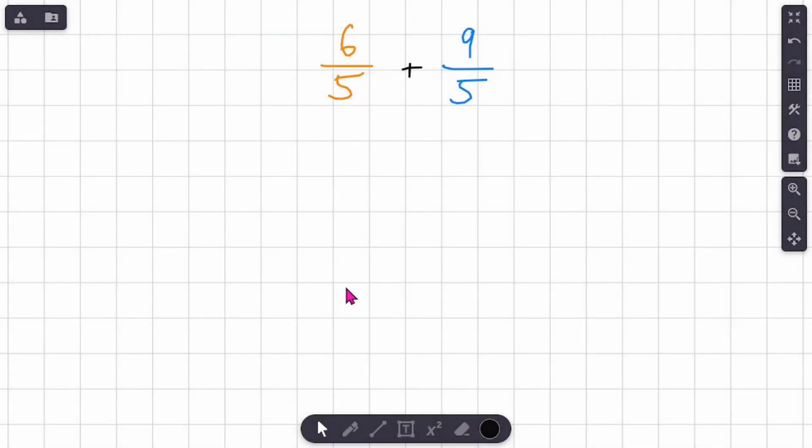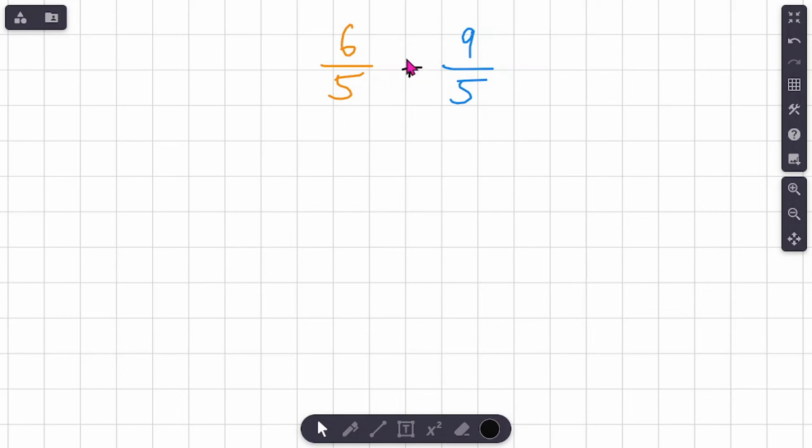Second problem here on the screen, we have 6/5 plus 9/5. And again, let's kind of think through and see what we notice. First thing I'm noticing is that we have 6/5 and 9/5, and both of those are improper fractions, meaning the numerator is larger than the denominator, which tells us that both of these fractions are more than 1.